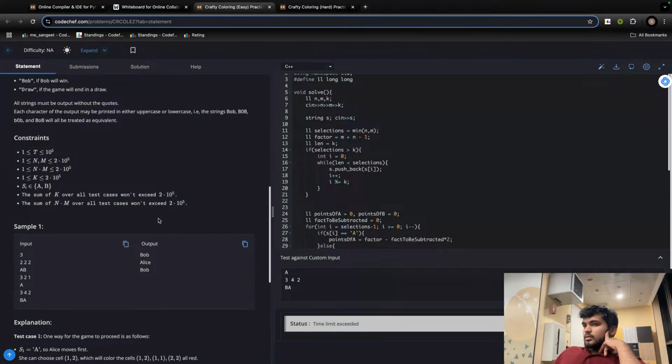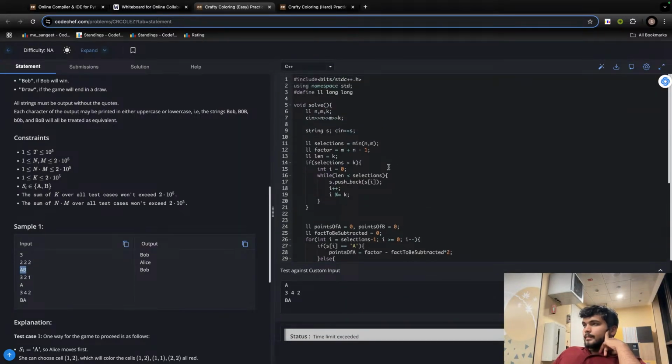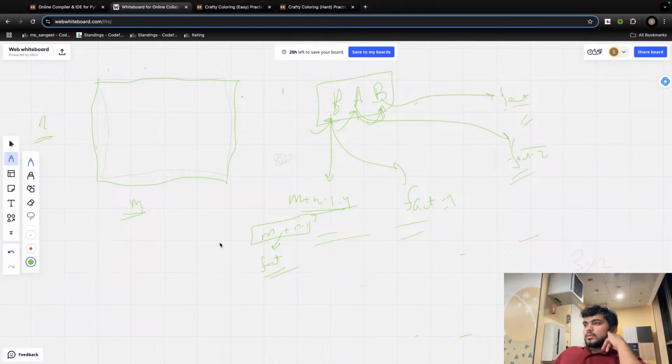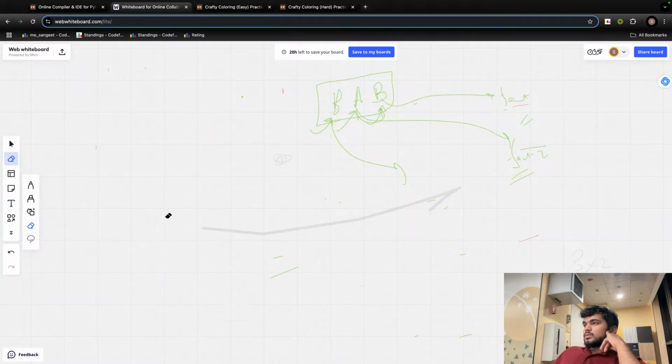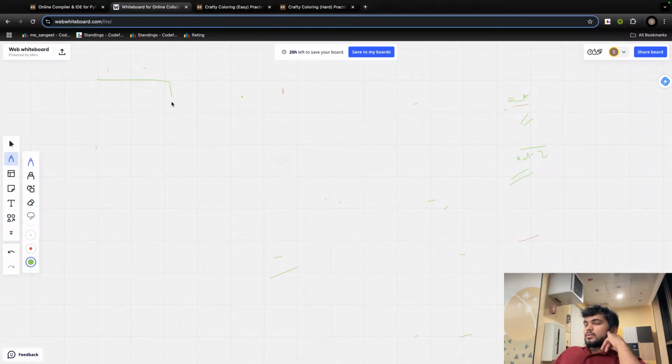Let's try to dry run on this, 2 2 2 and AB. So we know that 2 plus 2 minus 1, which is 3, is the factor, and we are starting it with 0.